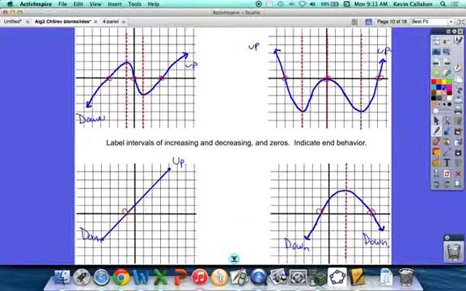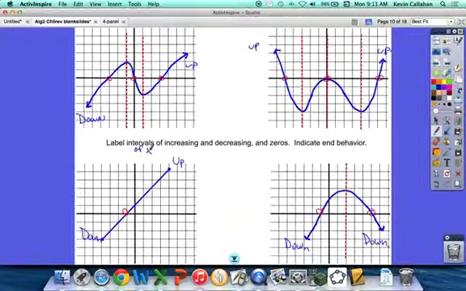Okay, done. Right, so you say that the graph is increasing when it looks like it's going up from left to right. Right, so this is increase, this is decrease, this is increase. Now, how do you describe where it's increasing or decreasing? With x values. The intervals are intervals of x. Right?